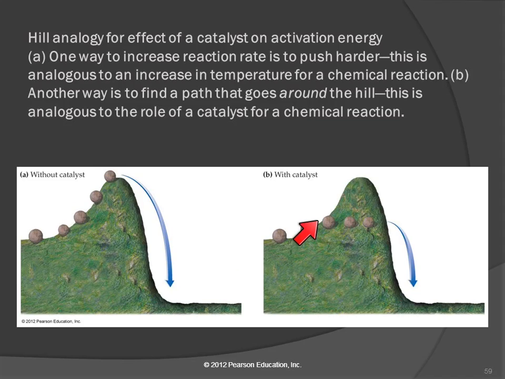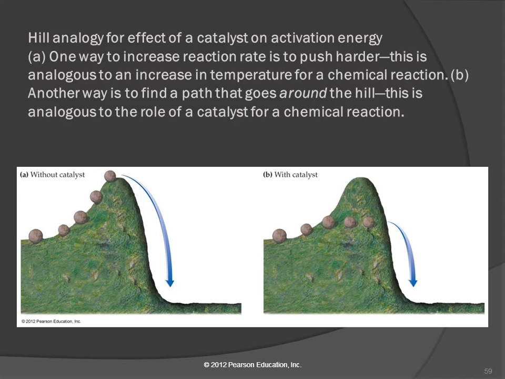The catalyst provides an alternate pathway so that you can go around the hump. Okay, so now it's much easier to push these boulders off the cliff because we don't have to go up and over this wall. We can go through the gate. And it's easier to just push them along the ground and off the cliff instead of going up and over this hump. So it provides an alternate pathway.